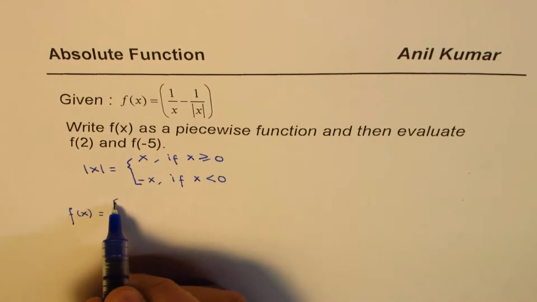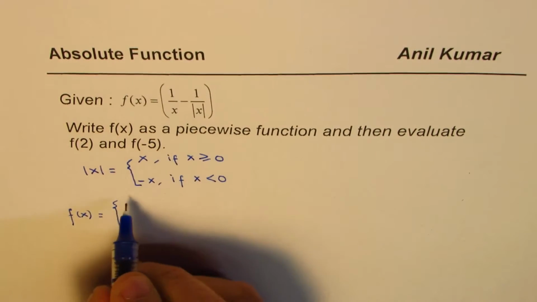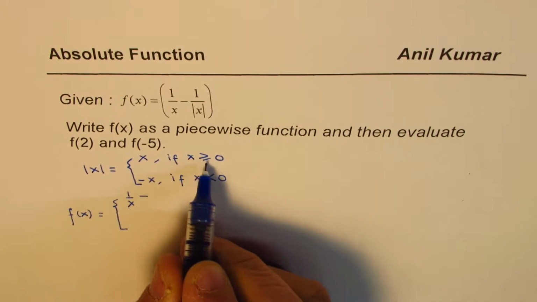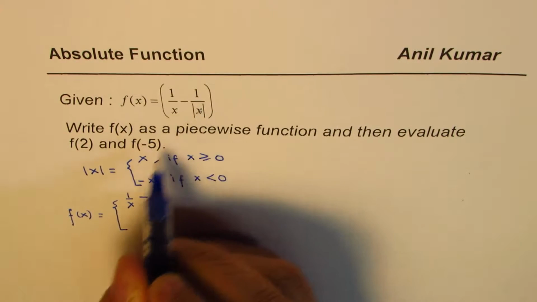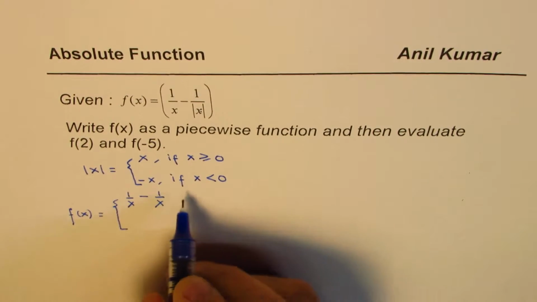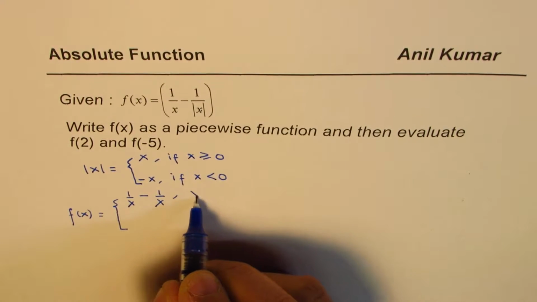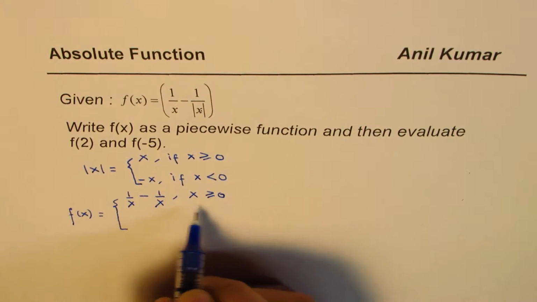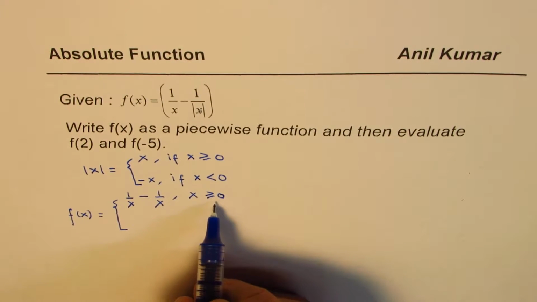So we could write this expression here as 1 over x minus, if x is greater than or equal to 0, absolute x is x. So I could write this as 1 over x minus 1 over x if x is greater than or equal to 0. Now here there's a mistake which I just did.